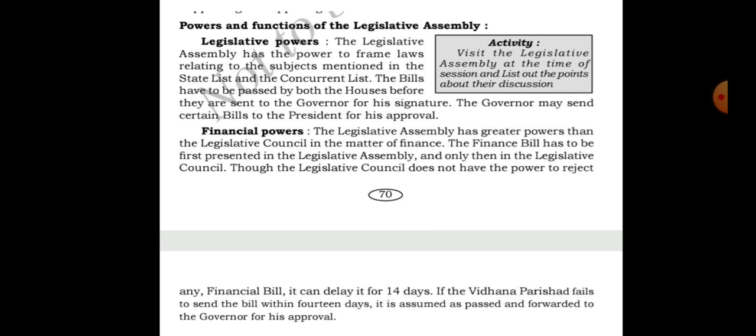What happens if they do not send back the bill? After 14 days, if the Vidhana Parishad or legislative council fails to send the bill, then it is assumed or considered that they have accepted the bill and it is forwarded to the governor for his approval. That means the consent of the legislative council is not that important compared to the lower house.